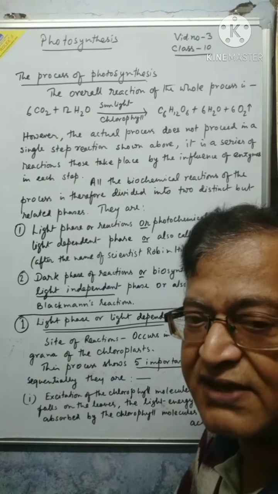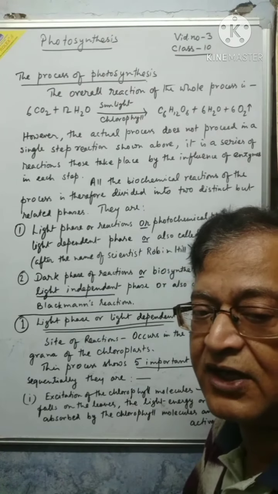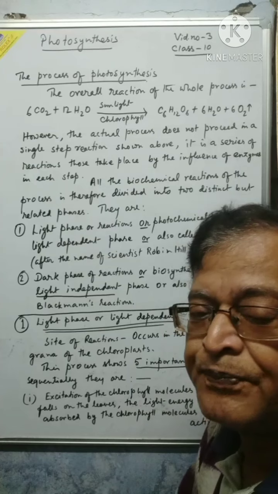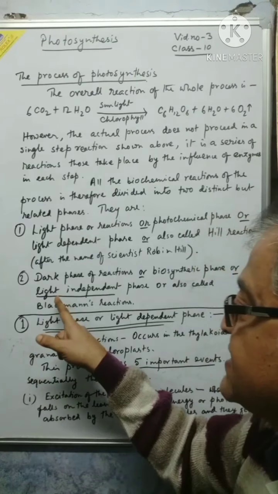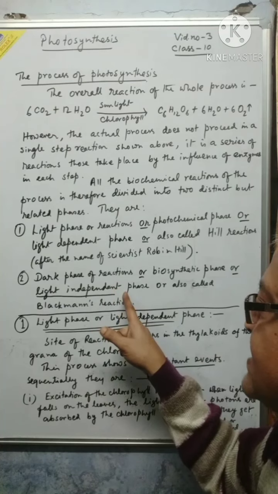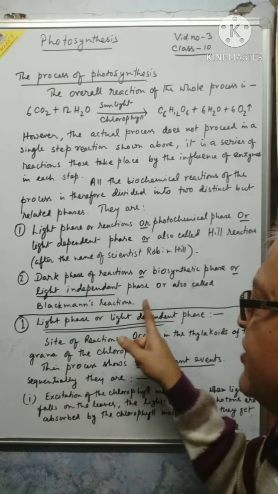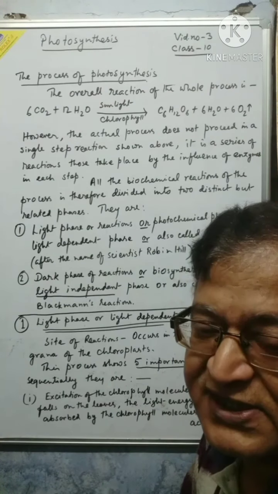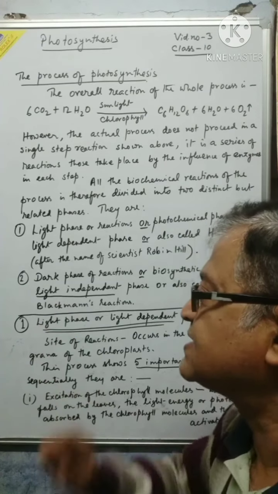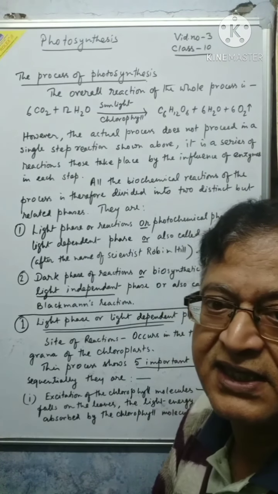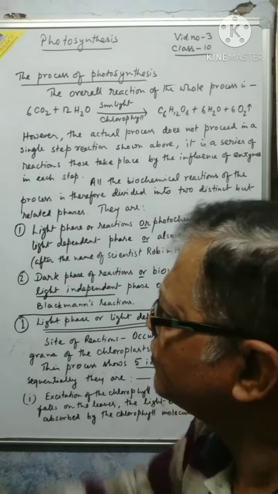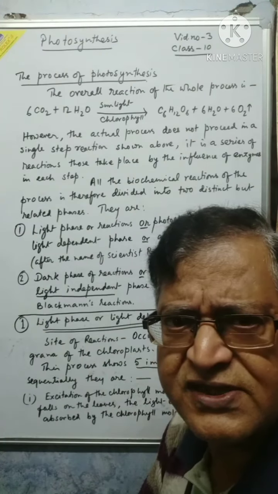There may be a misconception that dark reactions take place in dark, meaning after sunset. It is not true. It is actually light independent, hence the name light independent phase, also called Blackman's reaction. Scientist Blackman first discovered this phase. So after his name, the dark phase or biosynthetic phase or light independent phase is called Blackman's reaction. First of all, we will discuss the light phase of reactions.